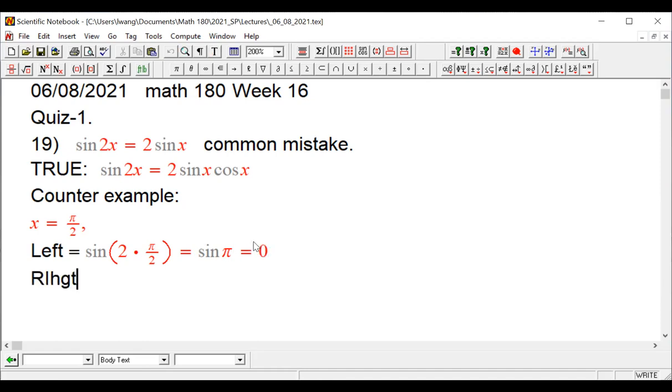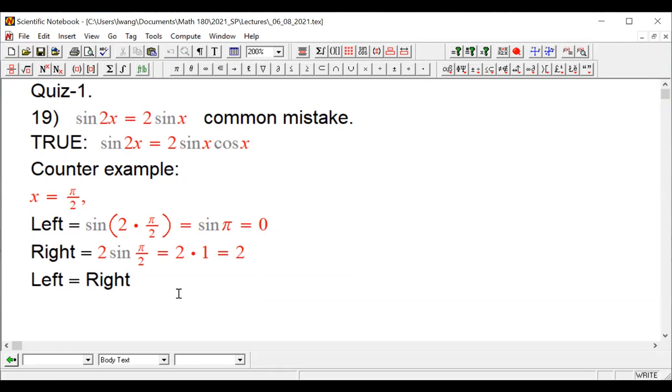And what happened on the right-hand side? 2 times sine pi over 2, where sine pi over 2 is 1, so that equals 2. And 0 certainly does not equal 2. Left is not the same as right.